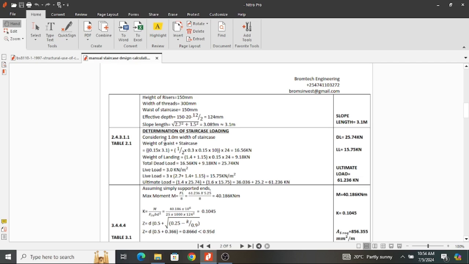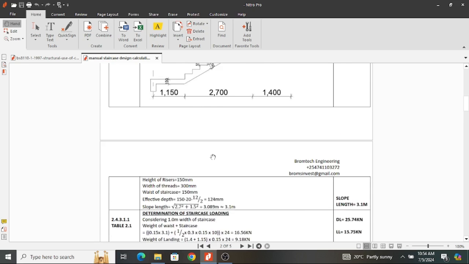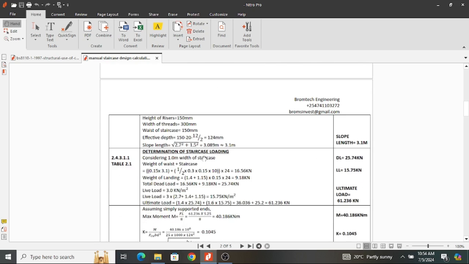Now let us determine the loading of our staircase. The first thing to consider is we are designing a staircase and we are going to consider 1 meter width of the staircase. Why do we consider that? 1 meter width is going to help us because any number multiplied by 1 is just that number. So we are going to use 1 so that the width is not going to really give us trouble.